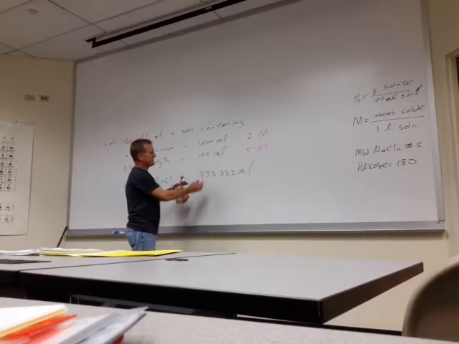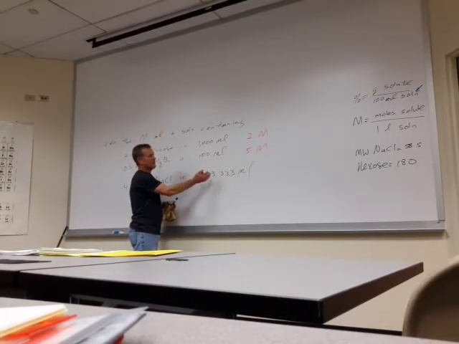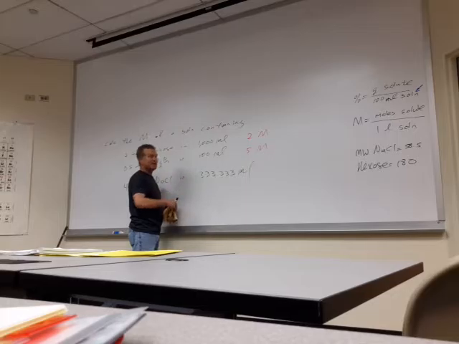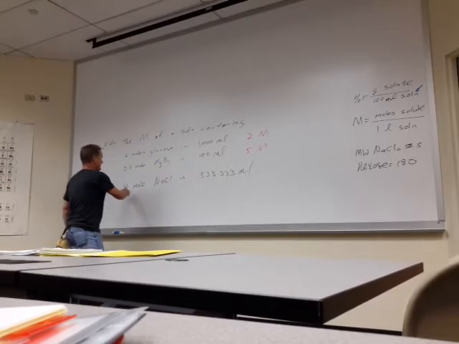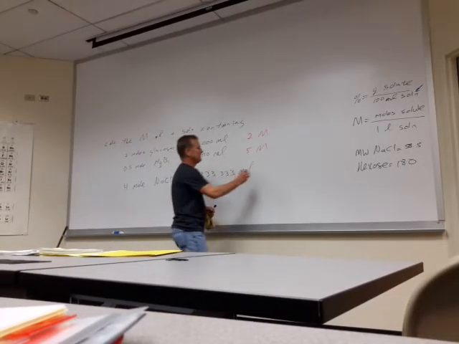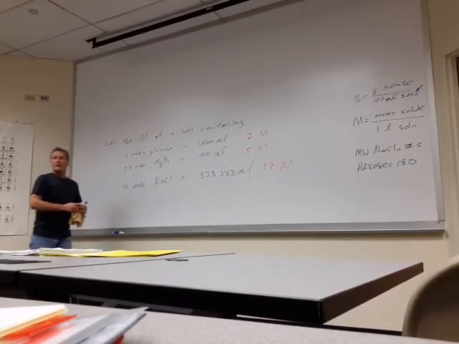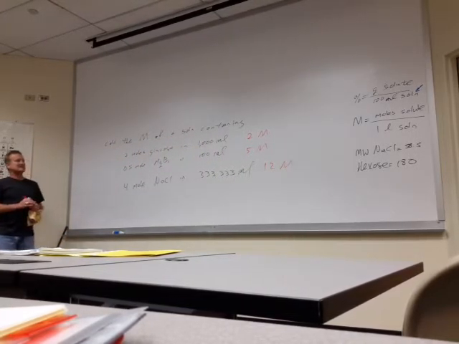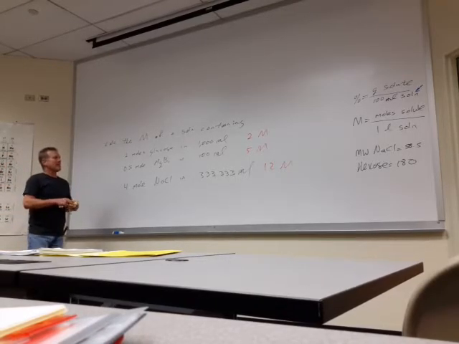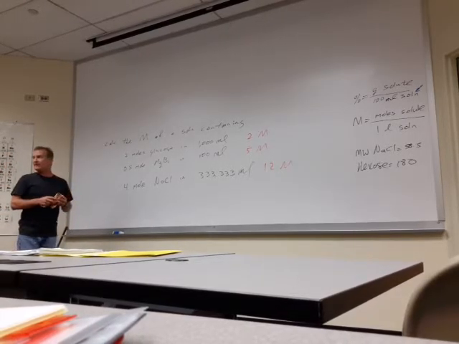In other words, how do I go from 333.333 to 1,000? Multiply it by 3. So I multiply that by 3. 12 molar.